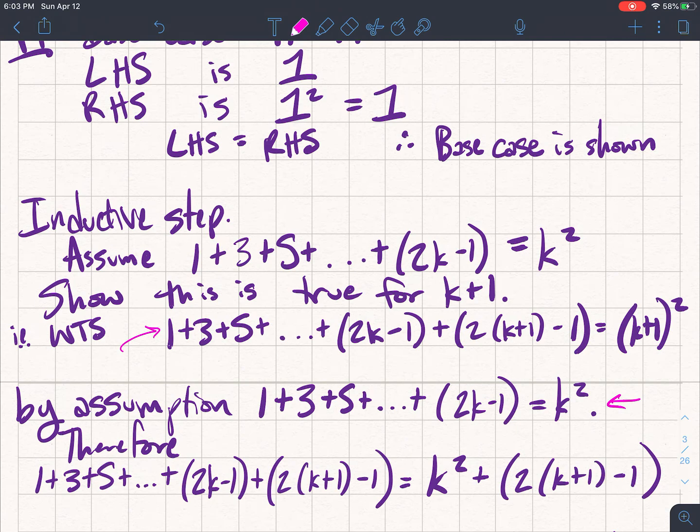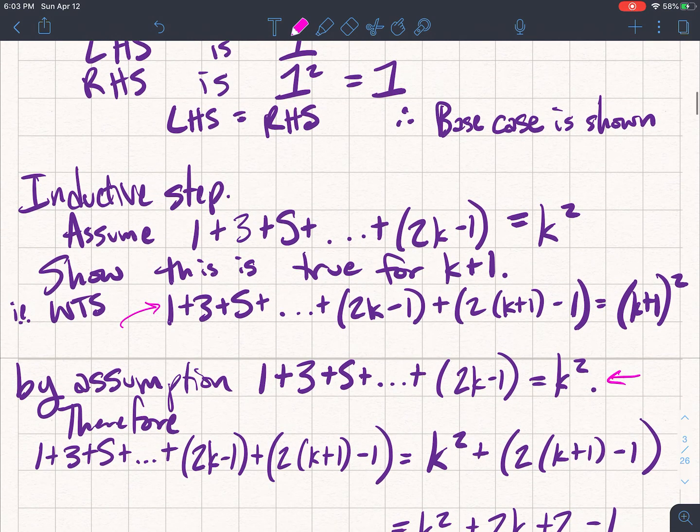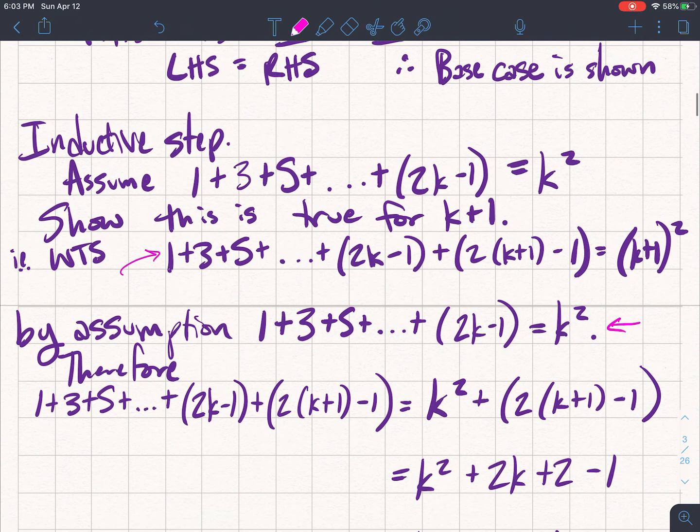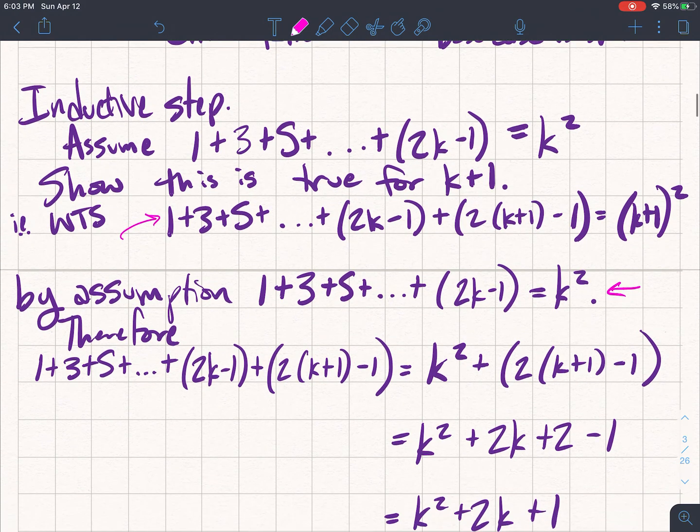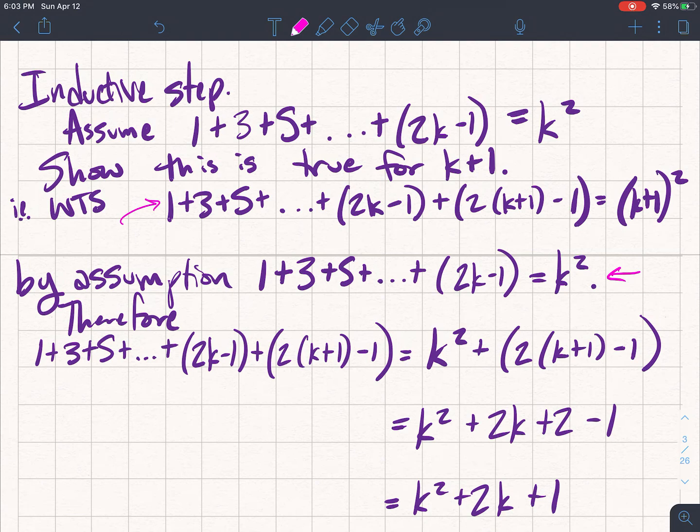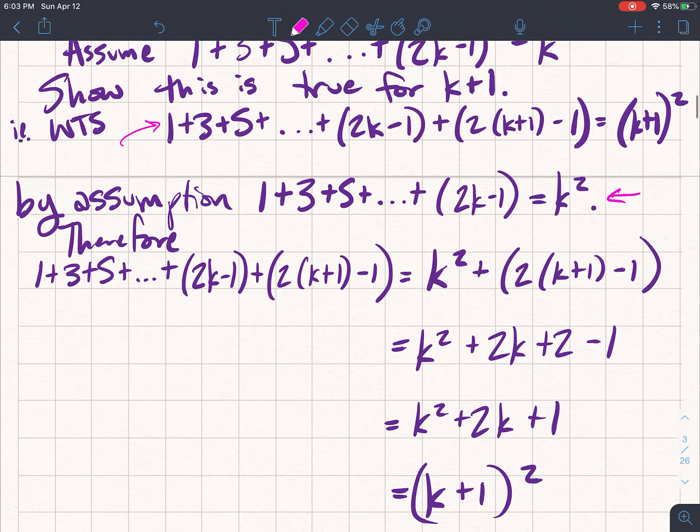That's it. So it's close, but not quite. Do a little algebra on the right hand side. Do a little more algebra on the right hand side. Do a little factoring on the right hand side. And that's exactly what I wanted.